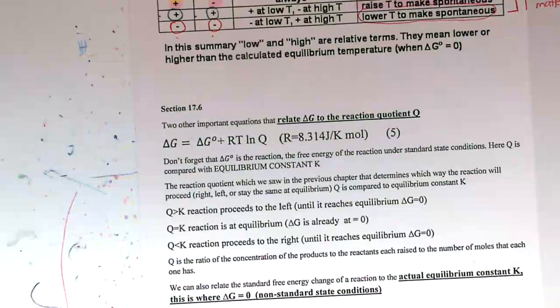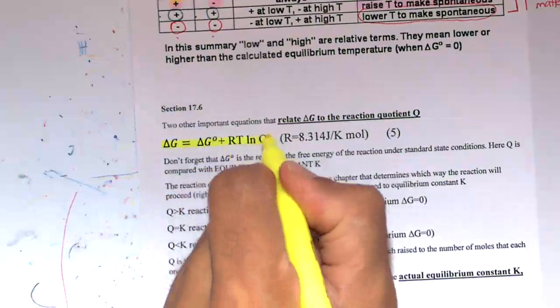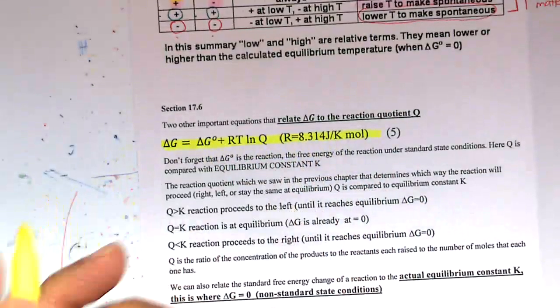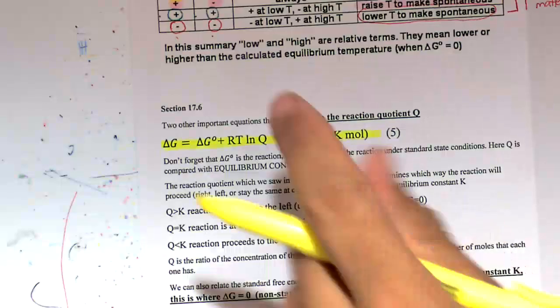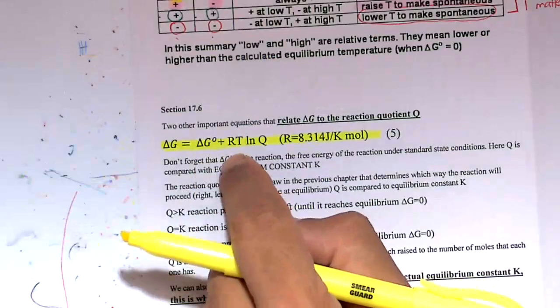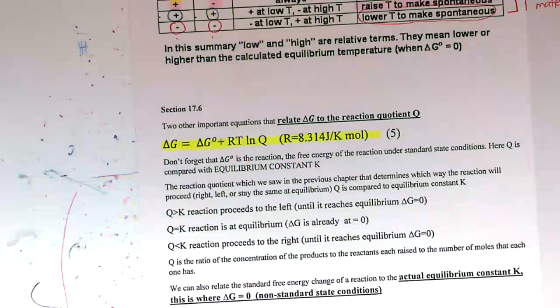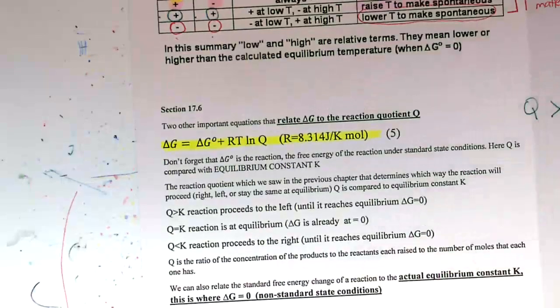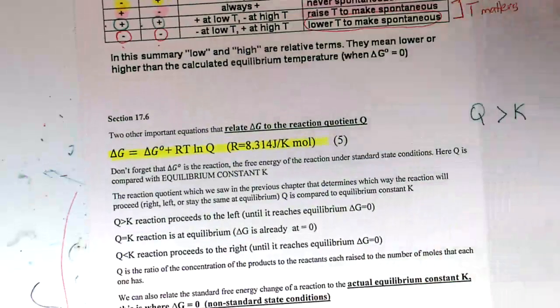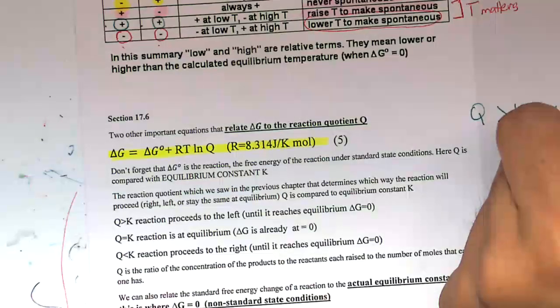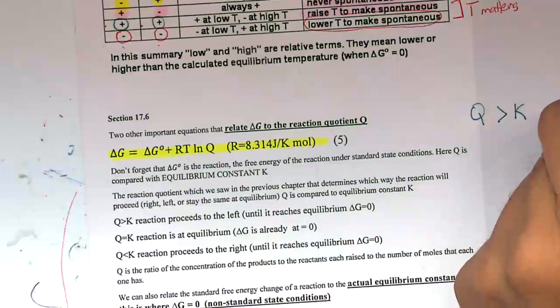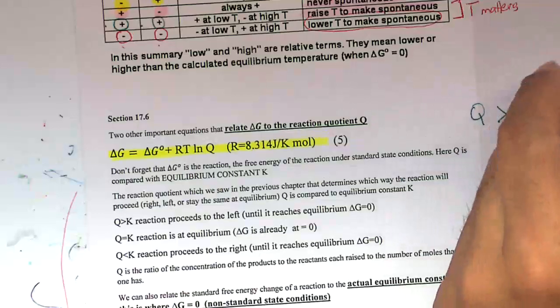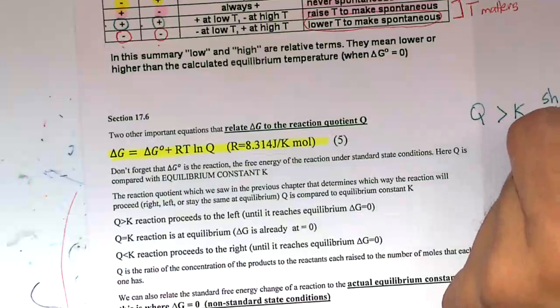All right, we have an equation here. I'll give you this equation on the exam. So we have delta G equals delta G naught plus RT natural log of Q. We use Q and compare it to K. If Q is greater than K, the alligator jaws point to the reactant side, so the equilibrium shifts to the reactant side.